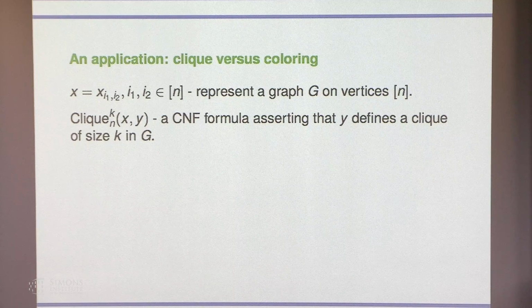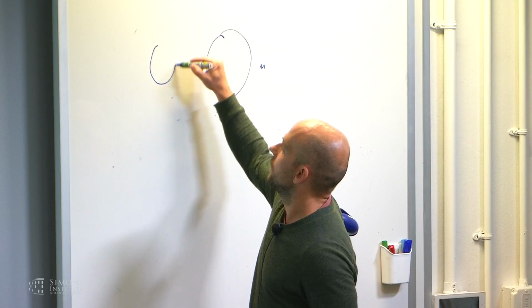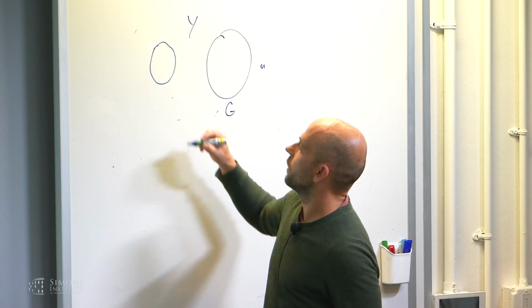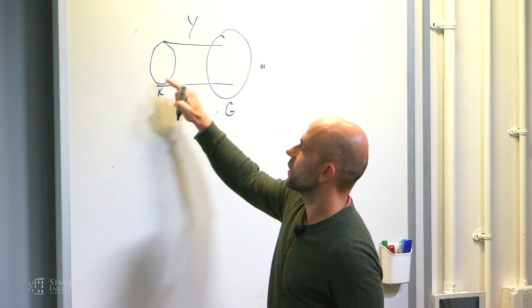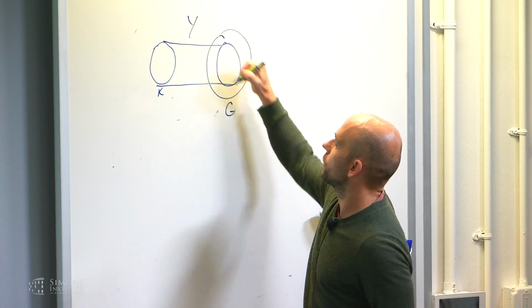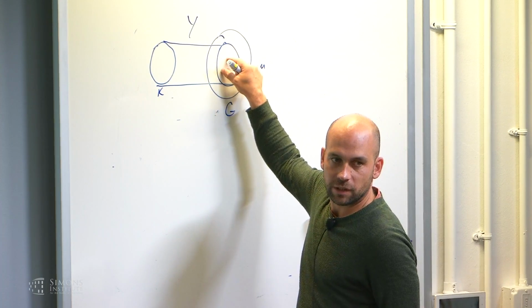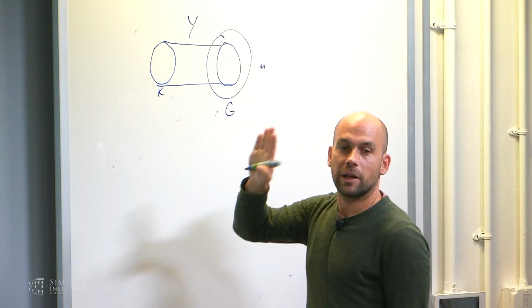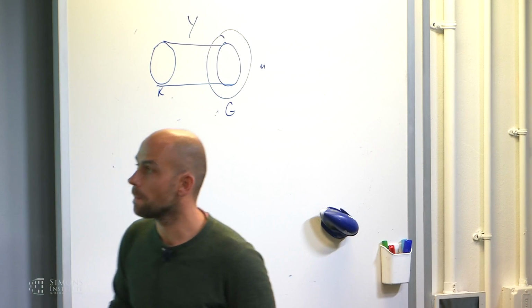You can write this as a CNF of a small size by, let's say, saying that here is your graph G, which is on n vertices, and your additional variables y would say that there is an injection from a set of size k to some subset of G, such that everything in this subset is connected. And you can write this as a CNF of a small size. Okay?